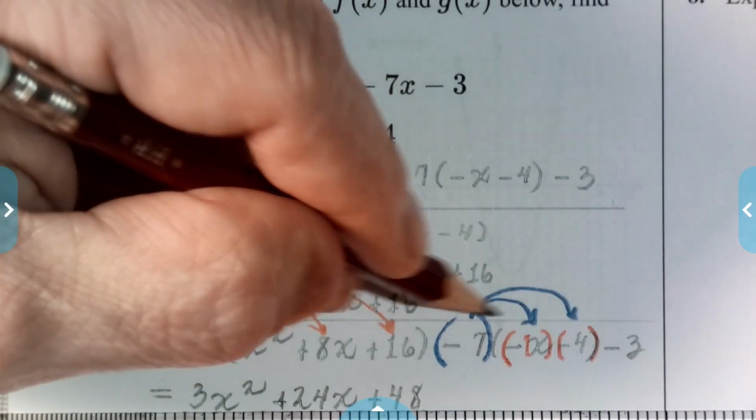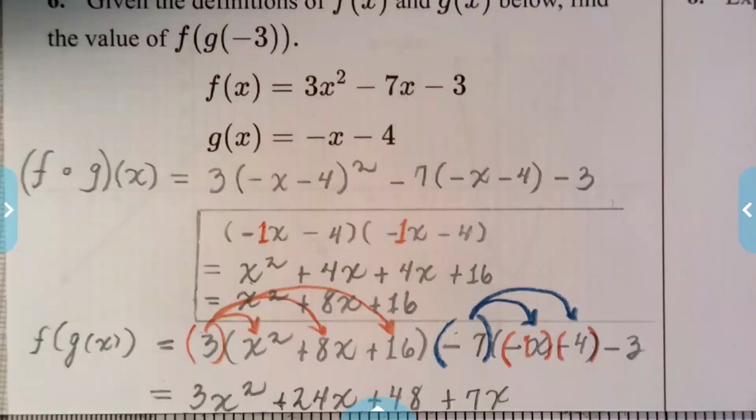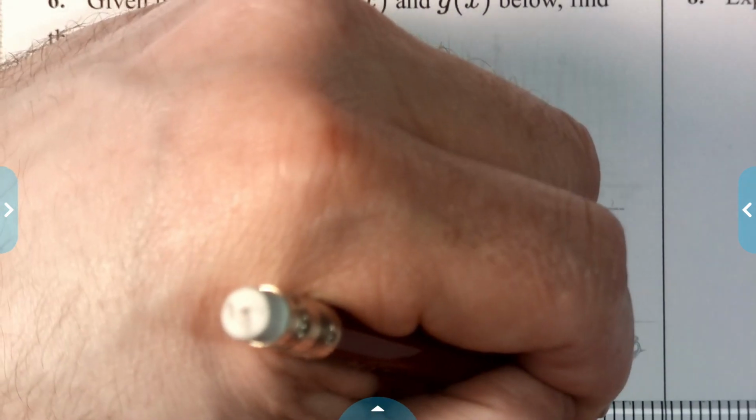Now, negative 7 times negative x is plus 7x. Negative 7 times negative 4 is plus 28. And minus 3.